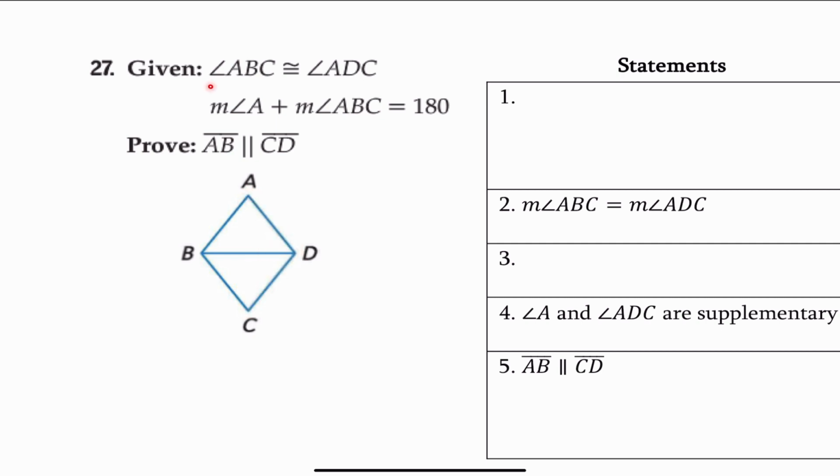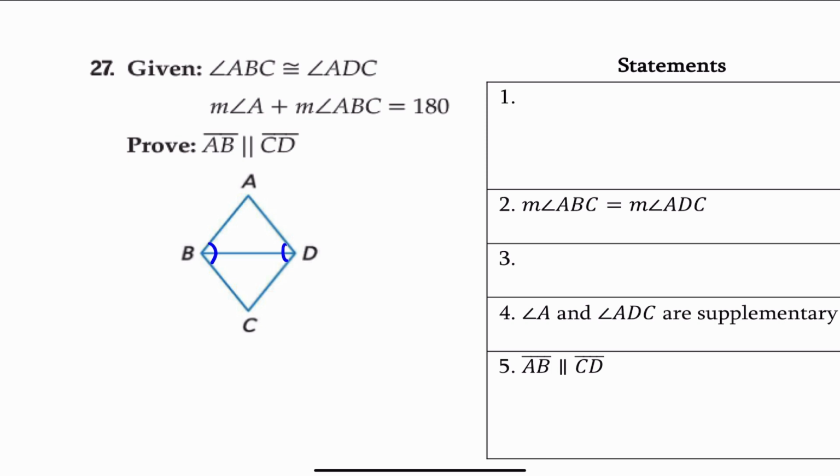So now I know that angle ABC is congruent to angle ADC. So I'm just going to mark my picture. Again, this is angle ABC. I'm going to put a congruent mark there. And this is angle ADC. I'm going to put a congruent mark there. So that means that these two angles are congruent.